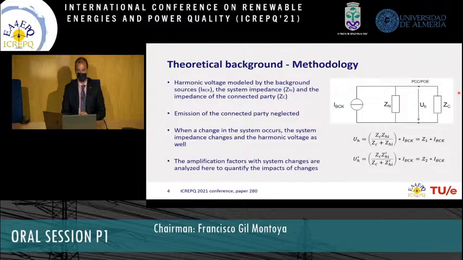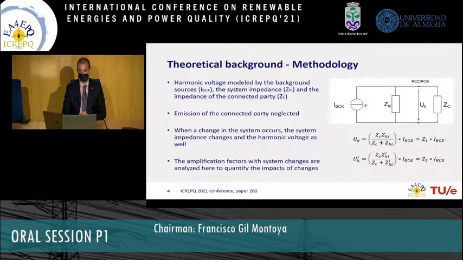Now, the methodology used is based on either a Thevenin or a Norton equivalent. If we simplify the system and look into a change from a perspective of background harmonics and impedance interaction, we can look at this simplified model, which is a Norton model, where we have the system modeled as background harmonic emission, in this case a current source with a Norton equivalent, and a system impedance.